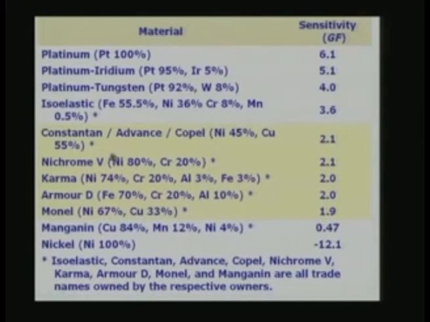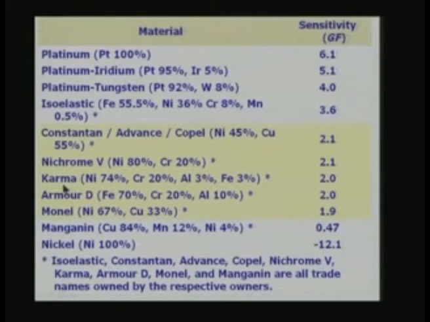These are very common materials used in practice. Constantan is also given the name Advance, and some people call it Copel. These are the names given by the manufacturers, and it consists essentially of a nickel 45%, copper 55% alloy, and the gauge factor is very close to 2, 2.1 here. Nichrome, nickel 80%, chromium 20%, called Nichrome V, is 2.1 again.